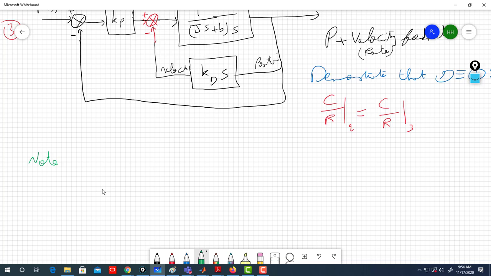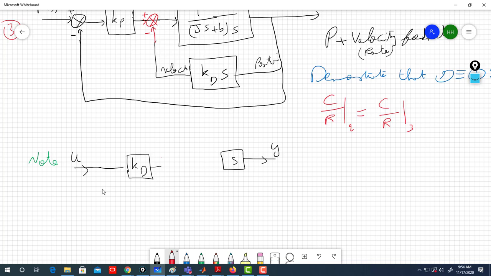So usually in practice our derivative controller, KDS if you wish, we don't put it this way. If this is position, I'll call it U, and here I'll call the velocity Y. We don't put it like that in practice.